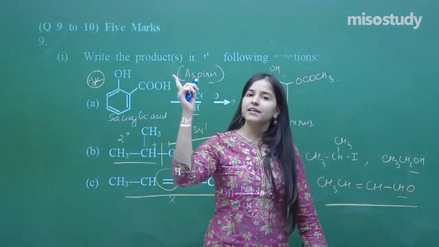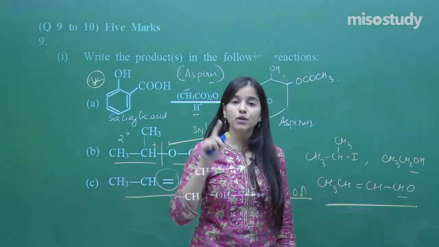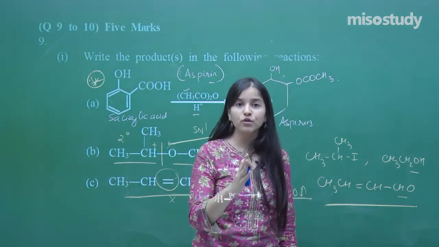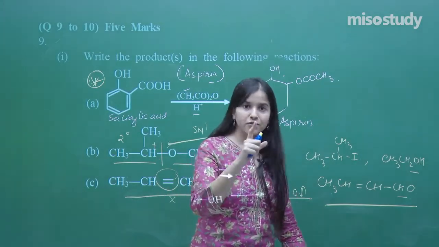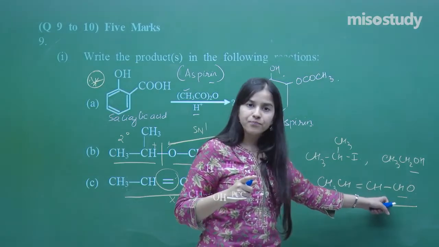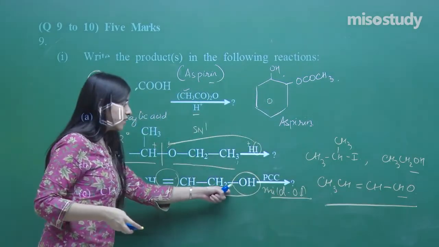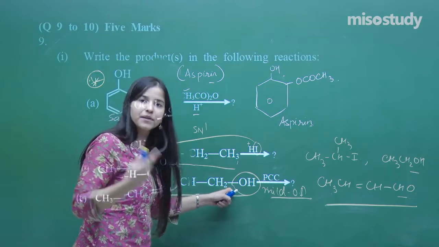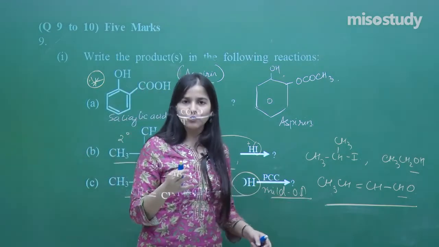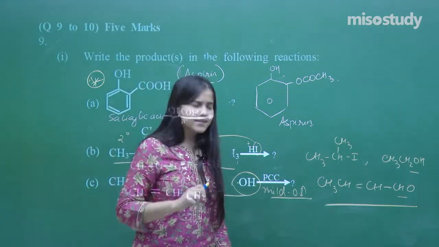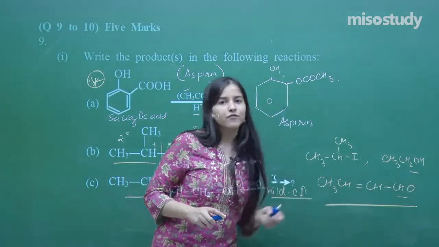In the previous case, I converted it into a ketone because it was non-terminal. But here, just pay attention, this is a terminal one. So the terminal OH will be converted into a terminal aldehyde or maybe the ketone. Which one is terminal? Aldehyde is terminal. So that I've got.